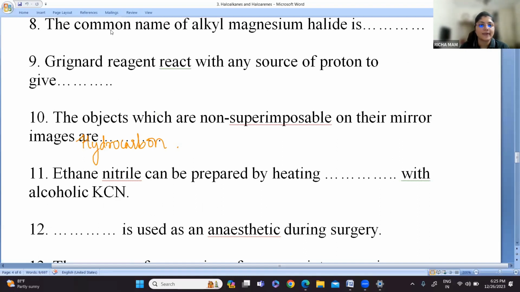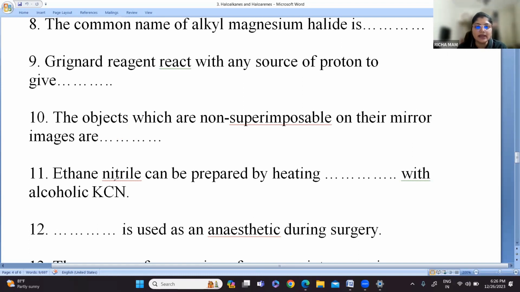They are called chiral molecules. Good. So what are chiral molecules? These are non-superimposable on their mirror images. Fine, good.